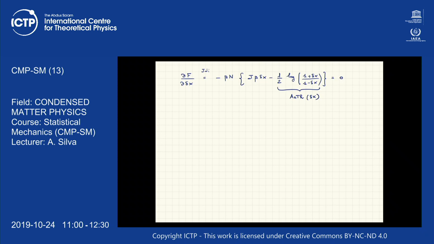And therefore, what I got when I tried to solve this equation is beta J delta x equal to the arctangent hyperbolic of delta x. Or, in other words, delta x equal to tangent hyperbolic of beta J delta x, which is essentially the same equation as the one I got before.